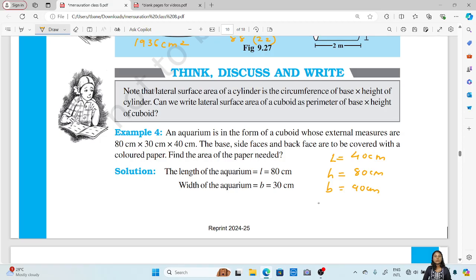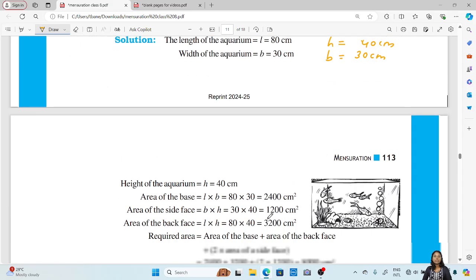Okay. So now we need paper to cover this. So yes, okay, one mistake here, sorry. So length is over here 70 centimeter, breadth is 30 centimeter and height is 40 centimeter. Okay.